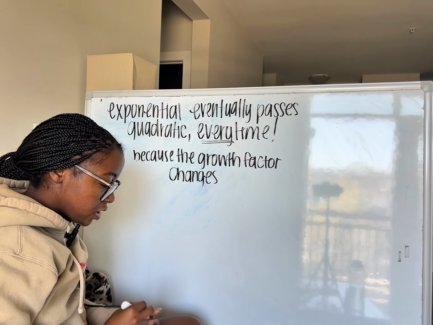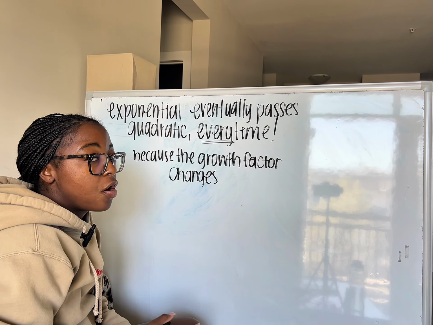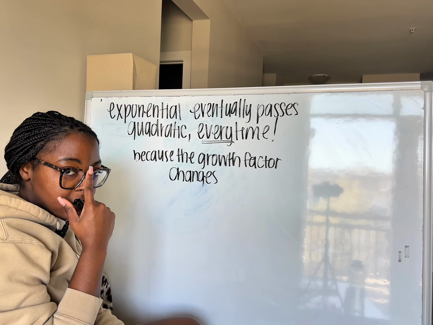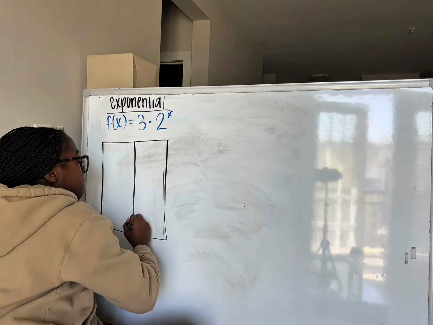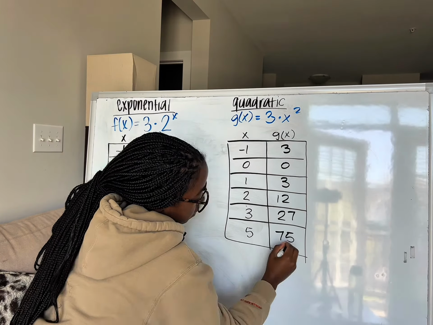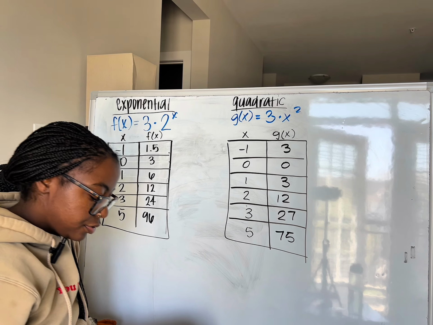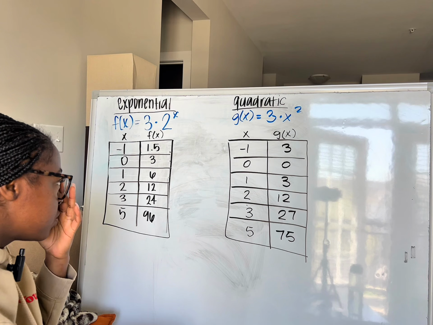You also need to know that exponential expressions or equations always eventually pass quadratics because the growth factor changes. When I say exponential eventually passes quadratic, this is what I mean.